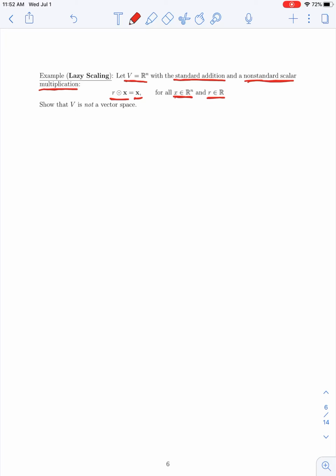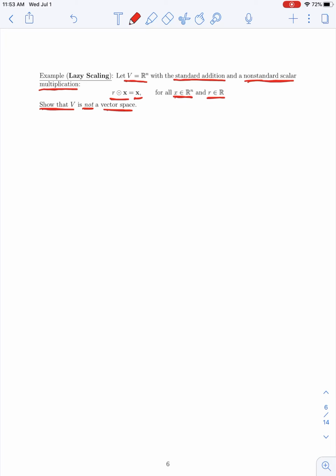So that is, regardless of what scalar we multiply our vector by, we're going to get the exact same vector x. So for this space, we want to show that V is not a vector space.